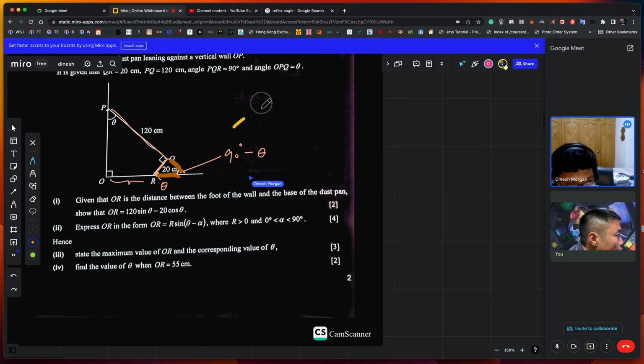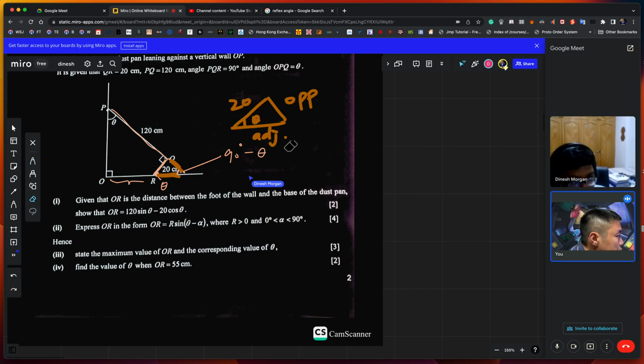So this is 20, and this is theta, right? This is the opposite. This is your adjacent. No, this is the hypotenuse because this is the longer side.